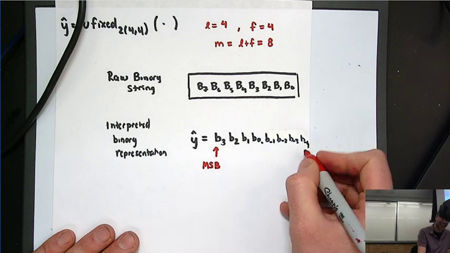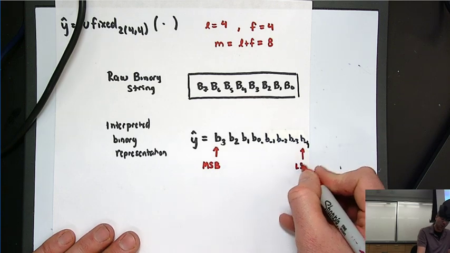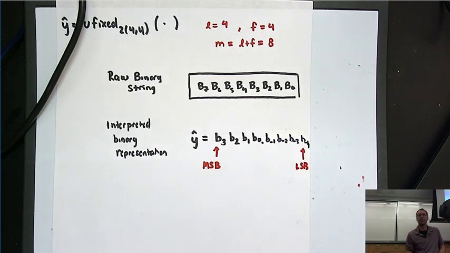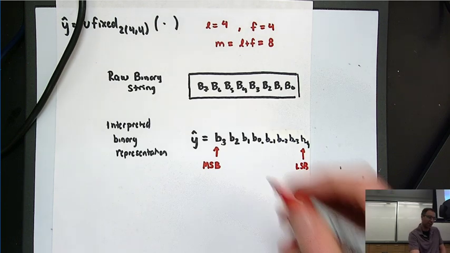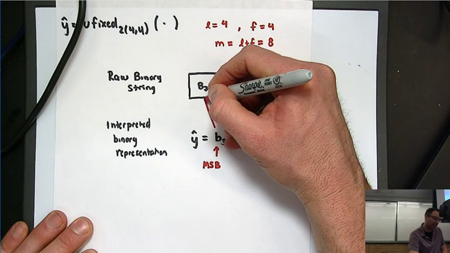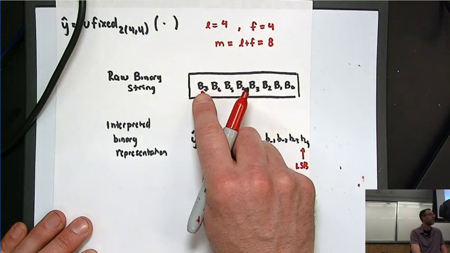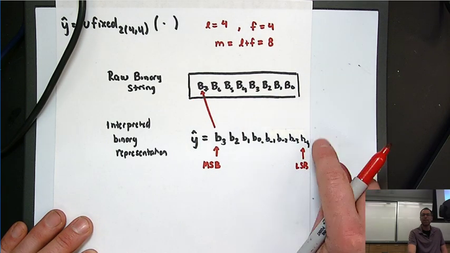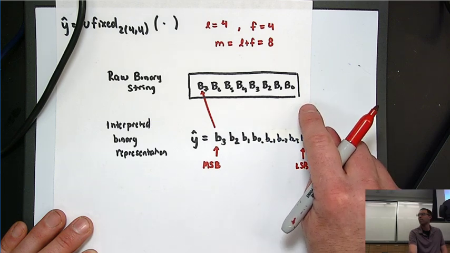I mean in the data class, not in my actual. What do we call the thing up front? The most significant bit. That most significant bit correlates with B7. The least significant bit correlates with B0.